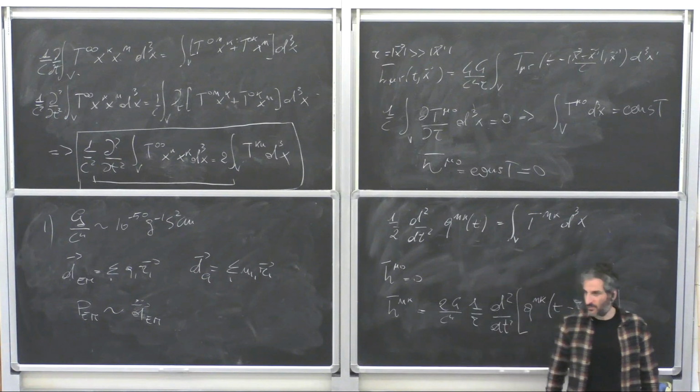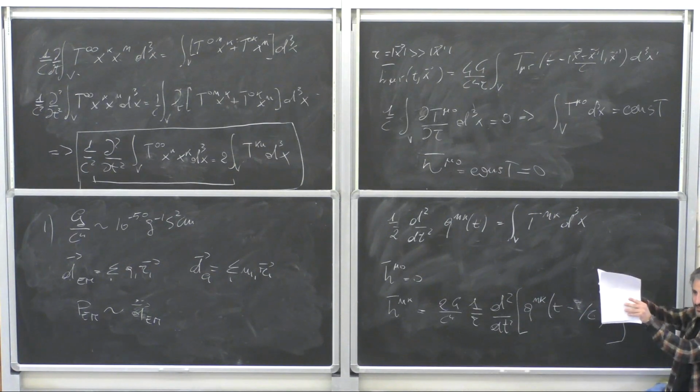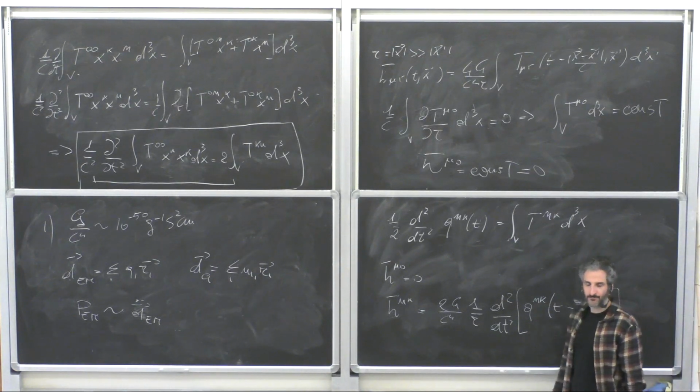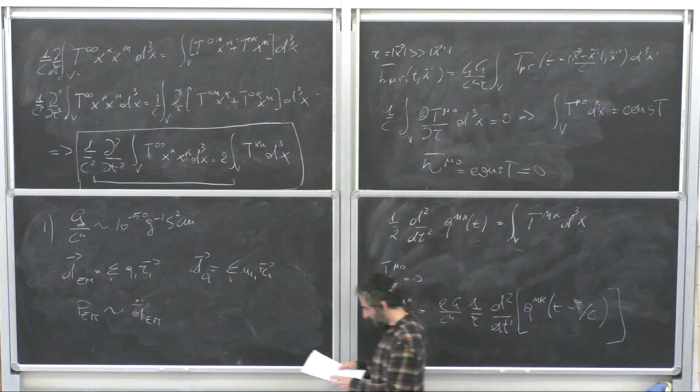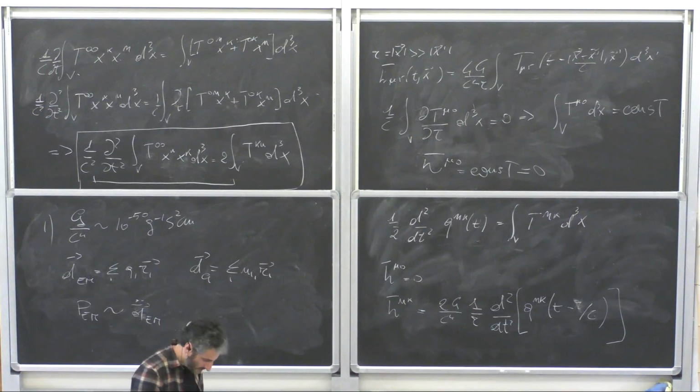This also tells you, for example, that if you have a star which is collapsing in a spherically symmetric way at each time, it won't emit any gravitational waves. So you need this asymmetry, and this asymmetry is what we're going to look for.